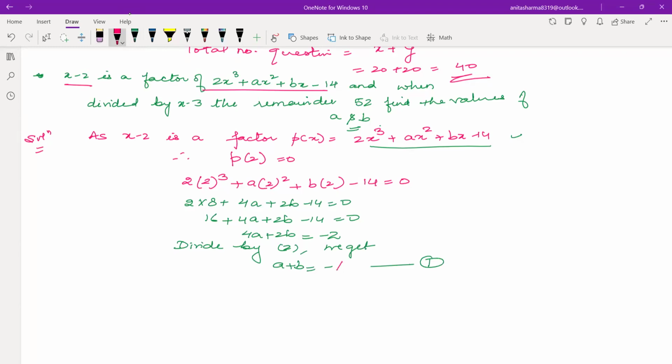So children, all have understood this? Now in the second condition, we have been given that when it is divided by x minus 3, its remainder is 52. The polynomial p(x) is equal to 2x cube plus ax square plus bx minus 14. In grade 9, have you remembered the remainder and factor theorem?